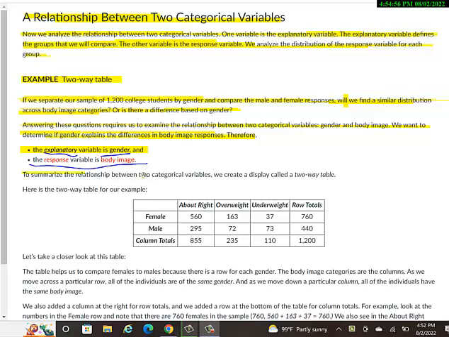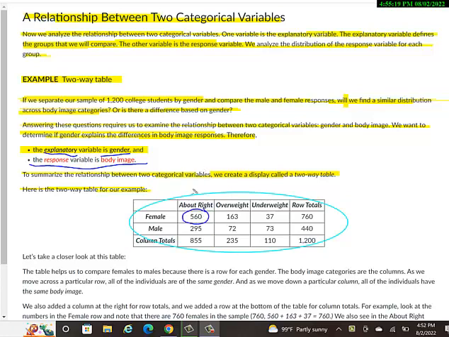Okay. To summarize the relationship between the two categorical variables, we create a display called a two-way table. Here is the two-way table for our example. So they've already asked male, female to see what their responses are. So here's the table. We have to match it up here.